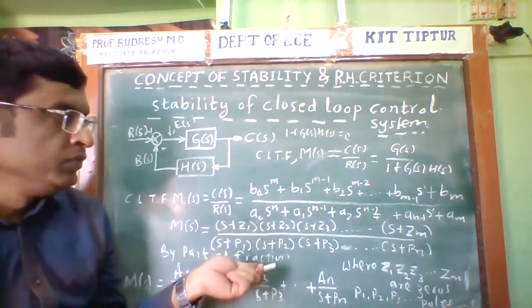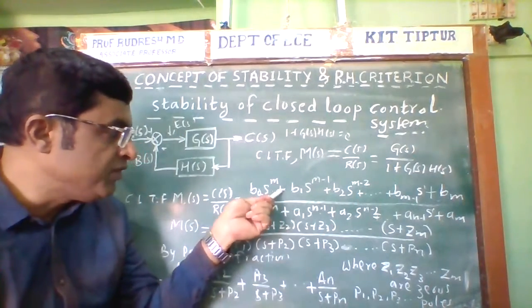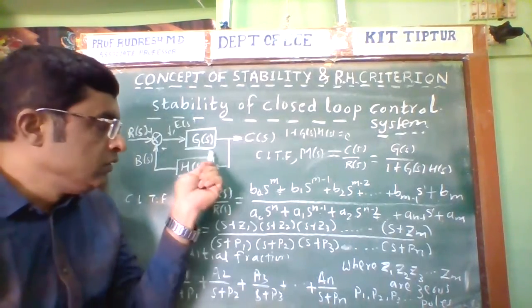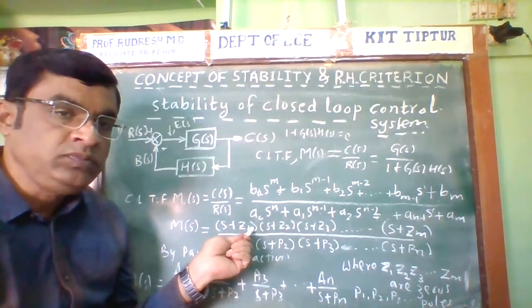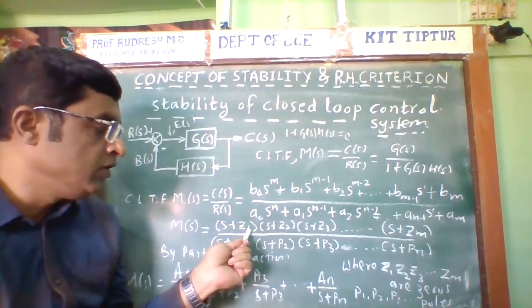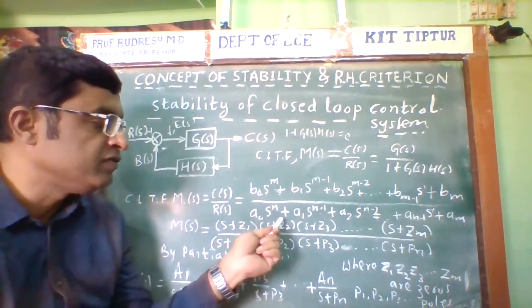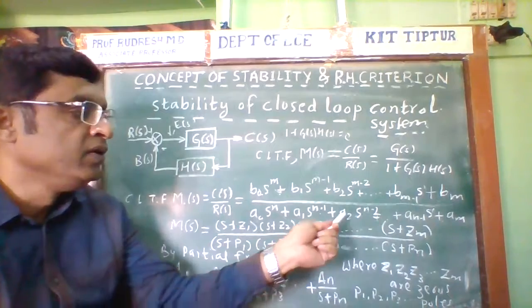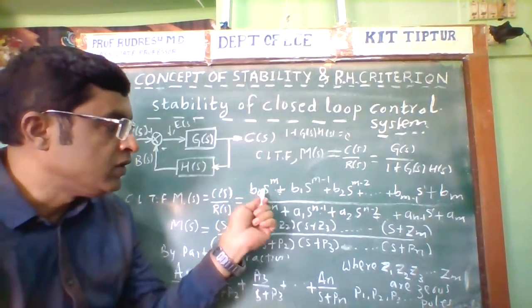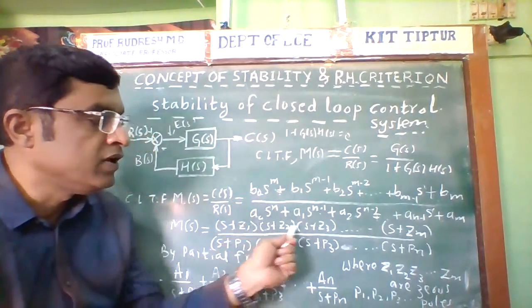The roots of the numerator equation, s plus z1, s plus z2, s plus z3, up to s plus zm, are called the zeros of the system.